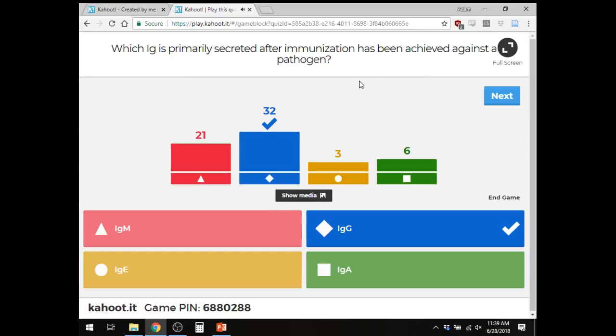Yes, that would be IgG in that case. What do you secrete before you're immune to something? IgM, good. When do you secrete IgE?